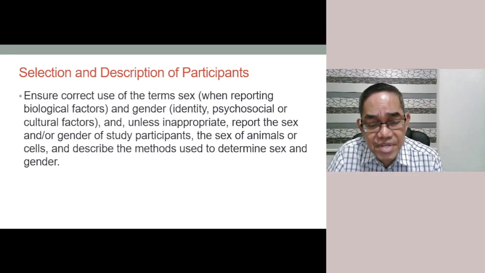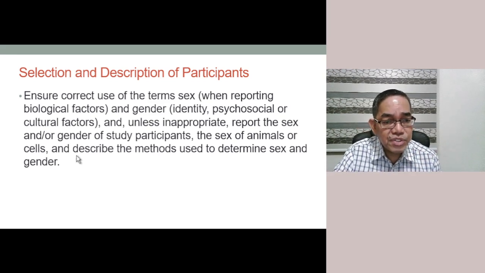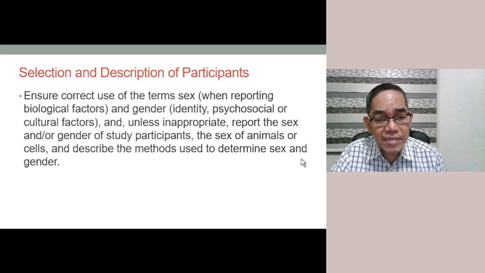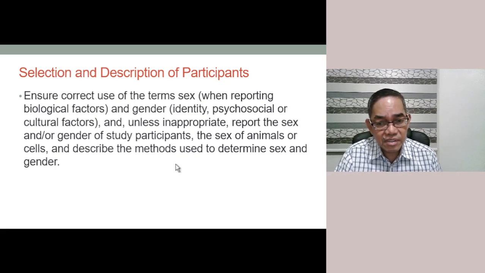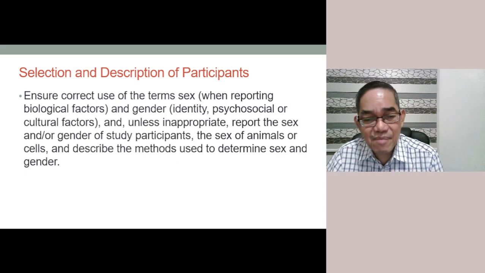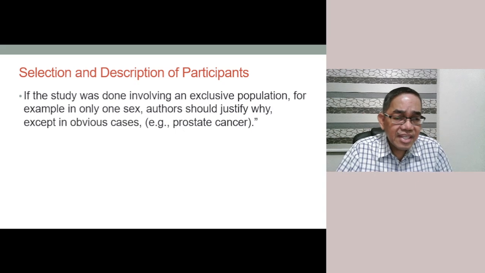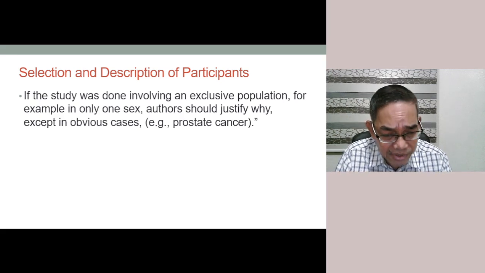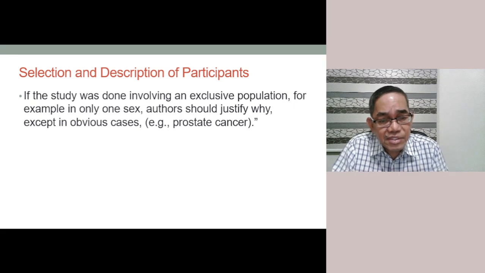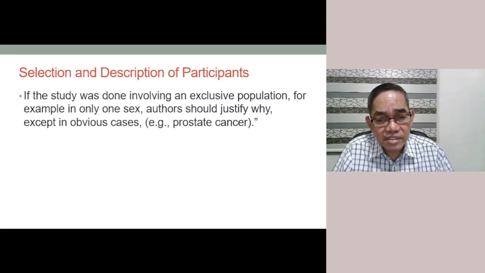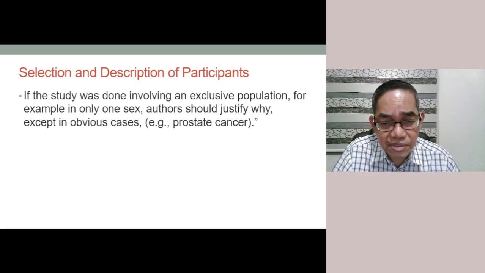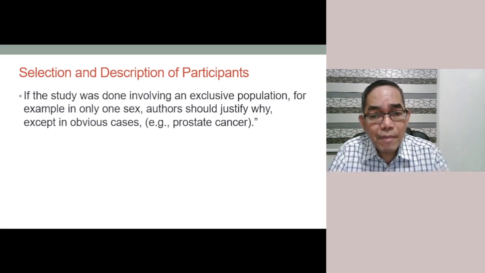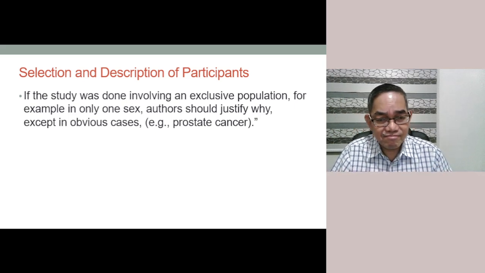And unless inappropriate, report sex and or gender of study participants, sex of animals or cells, or describe the methods used to determine sex and gender, if applicable. If the study was done involving an exclusive population, for example, in only one sex, authors should justify why, except of course for some obvious cases, if the study is about prostate cancer or the study is about myoma for females.